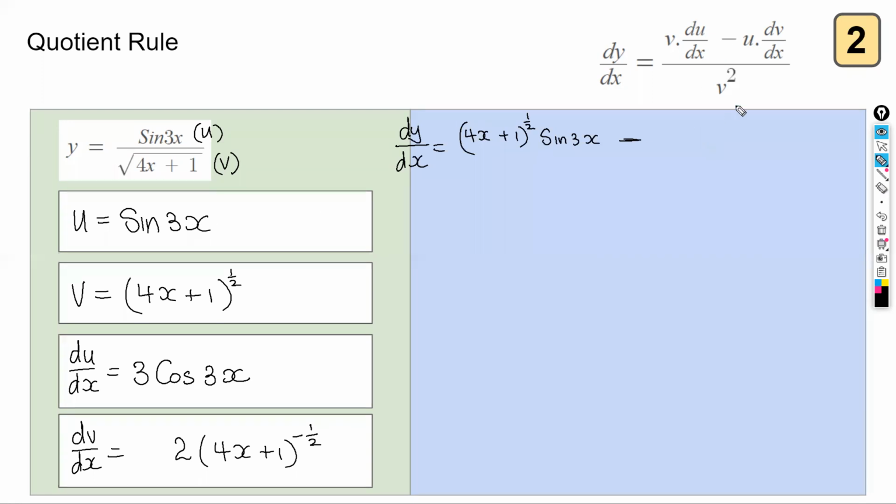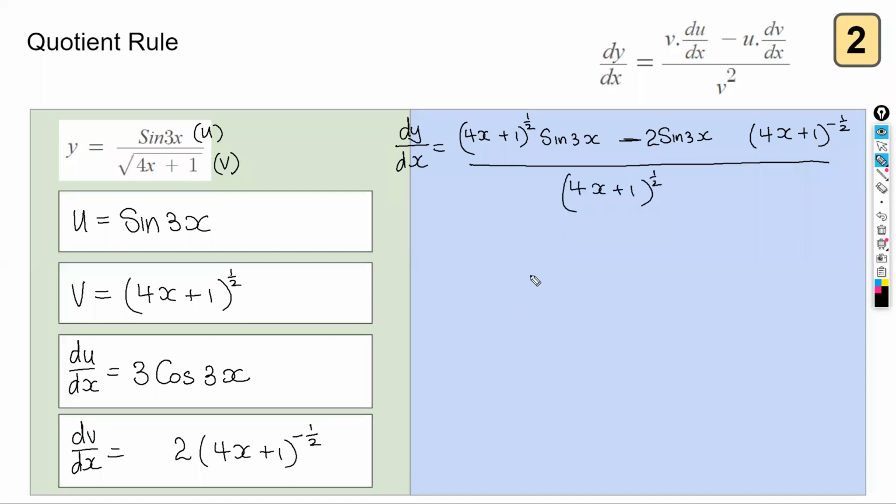Sine 3x, that's this guy here, and dv dx. Well, this is 2 open brackets 4x plus 1 to the power minus a half. I don't like how this 2 is in the middle of both expressions, so I'm just going to move him to the front here, right? Right, and obviously there's a multiply in between these 2 items. And where's v? V squared. 4x plus 1 to the power a half.